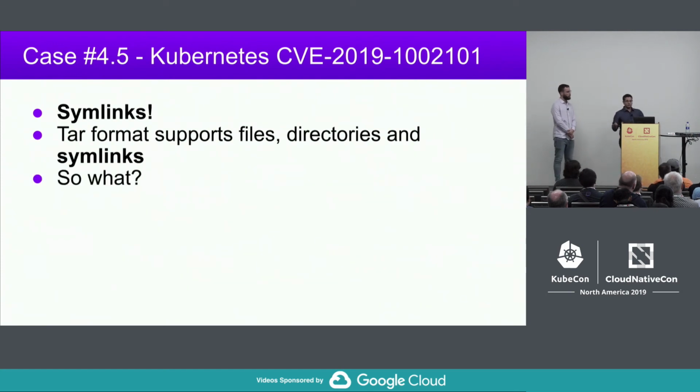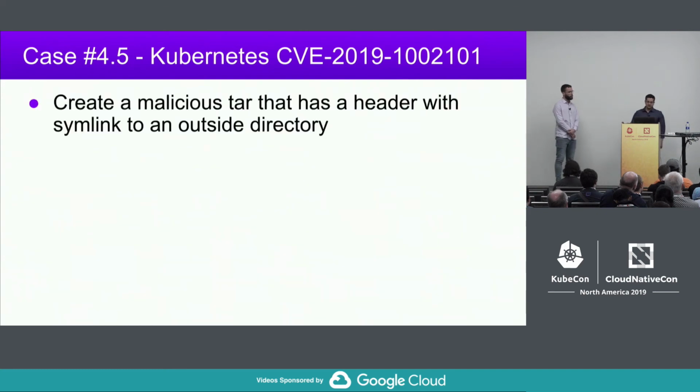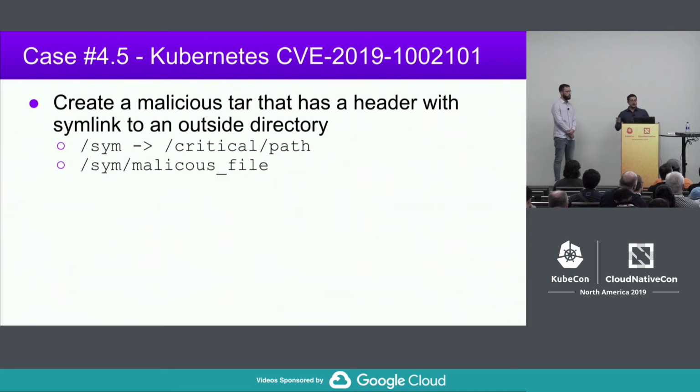And how did I establish that? So my tar binary would always bring back the same tar, which had a file with a header that was a symbolic link to some critical path on the system that I wanted to override. And the second file in that tar would be some file that is in some allegedly directory.